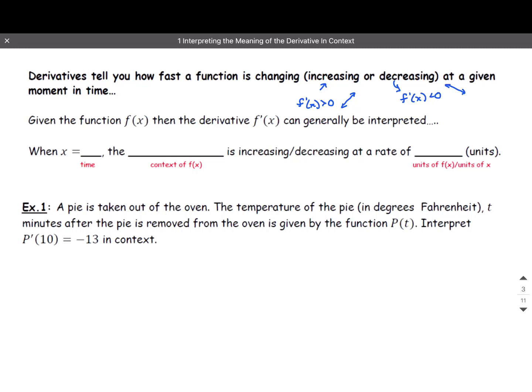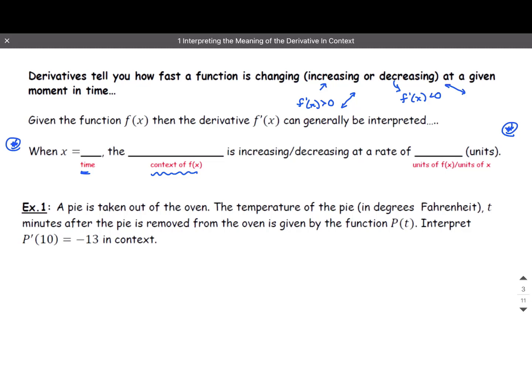Now, given the function f of x and the derivative f prime of x, usually this is a template you can start with to model interpreting them. When x equals, you insert whatever the time is, or at such and such time, now define the context of the problem.